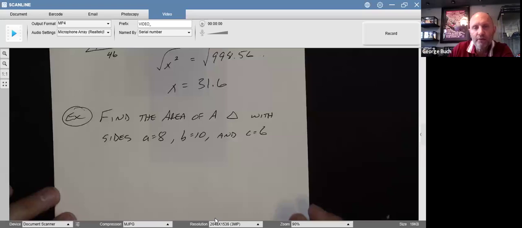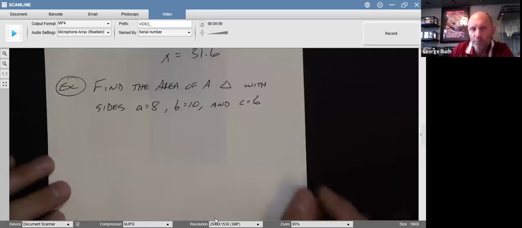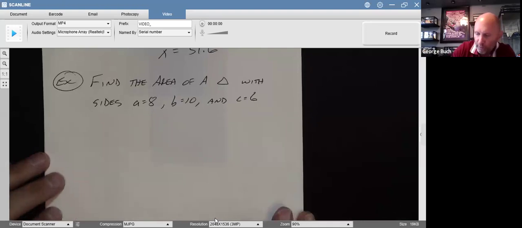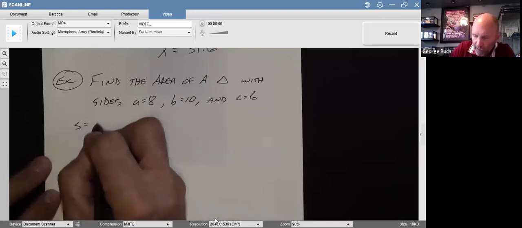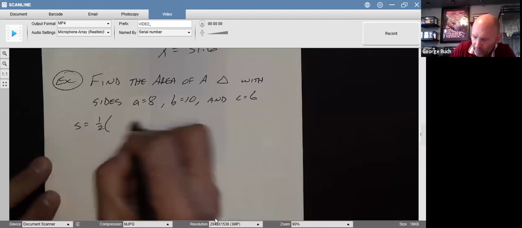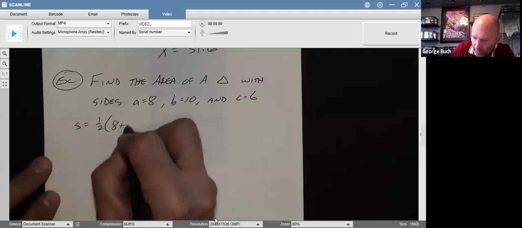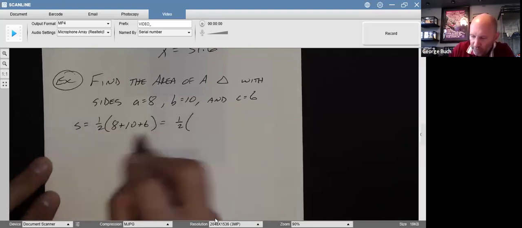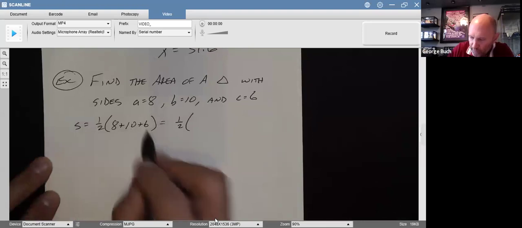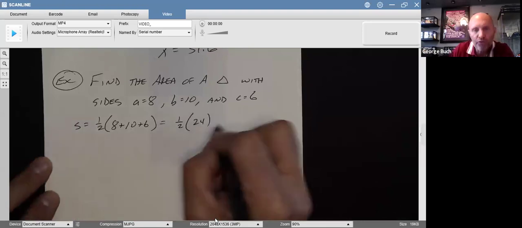So I have 3 sides. I don't have an angle, so I can't use the first formula. I can only use Heron's formula. So first I need what? My value of S, which is 1/2 times add all of these sides. So I get 1/2 times 8 plus 10 is 18, plus 6 is 24. Half of that is 12.